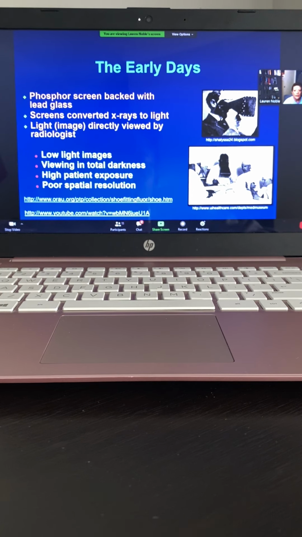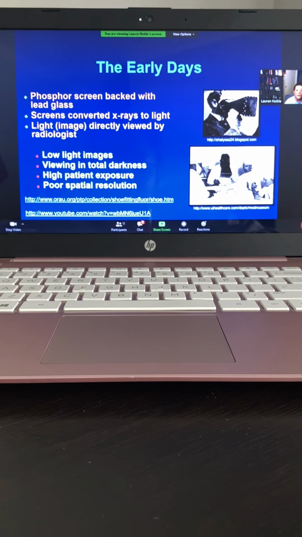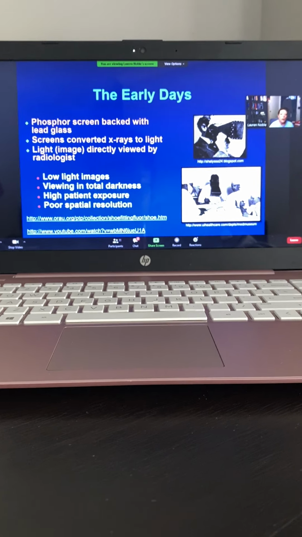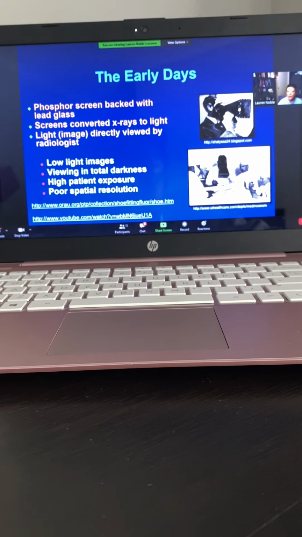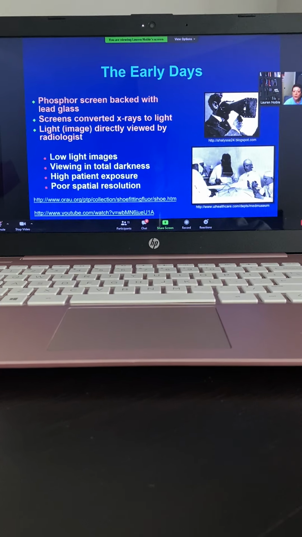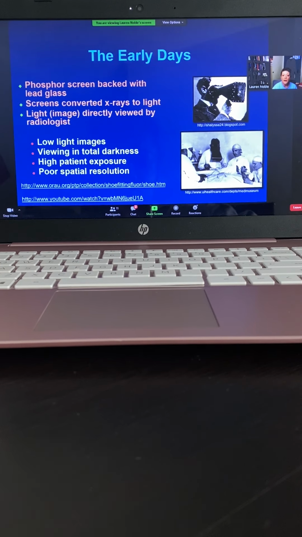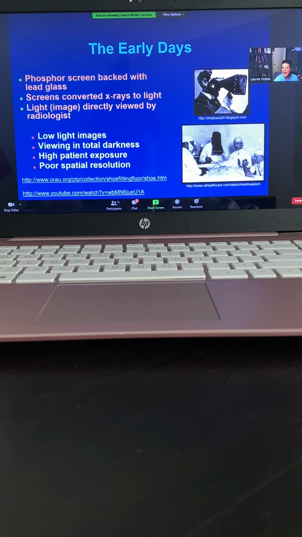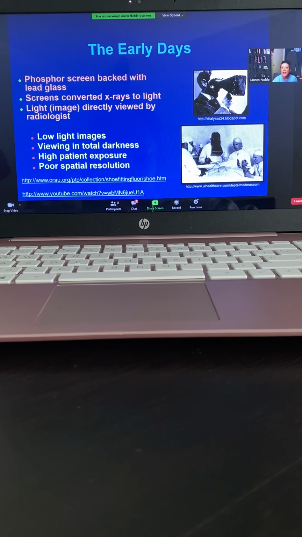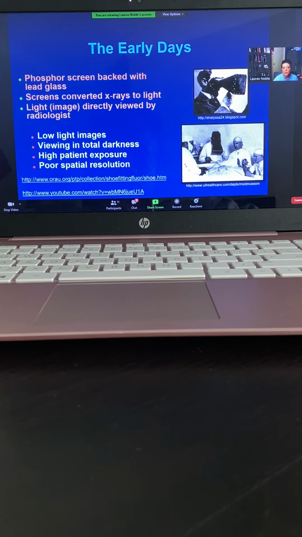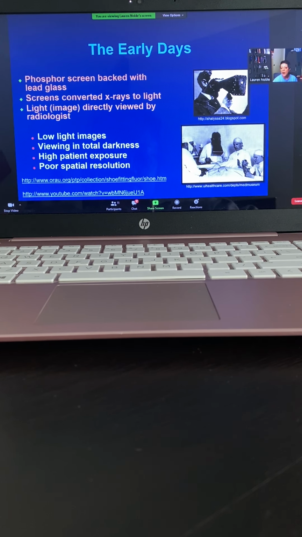So in the early days of fluoroscopy, this is what the unit looked like. This was a fluoro tube, and it had to be used in conjunction with an X-ray tube. This is the actual fluoroscopic device, and this particular area here was a phosphor screen.